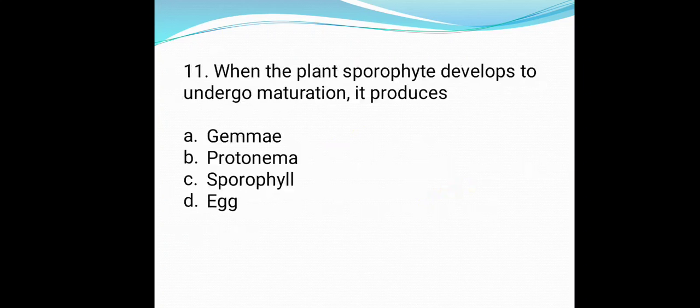These sporophylls may be microsporophylls or megasporophylls. So when the plant sporophyte matures, it produces the sporophyll, which bears the micro or megaspores. So the correct answer is C option, that is sporophyll.